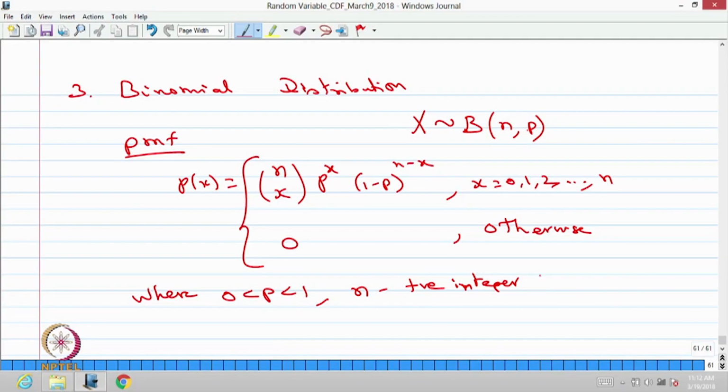So, you can make out that the CDF of the binomial distribution has n plus 1 jump points and the corresponding jump values are n c x p power x, 1 minus p power n minus x. So, this is a discrete type random variable.